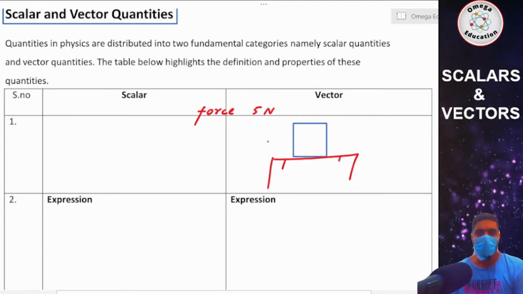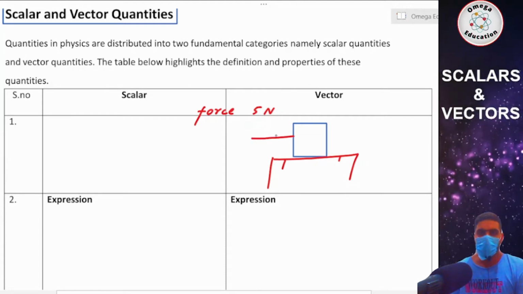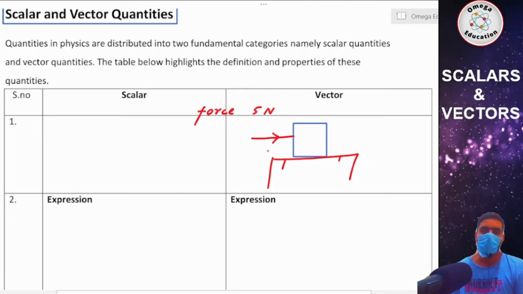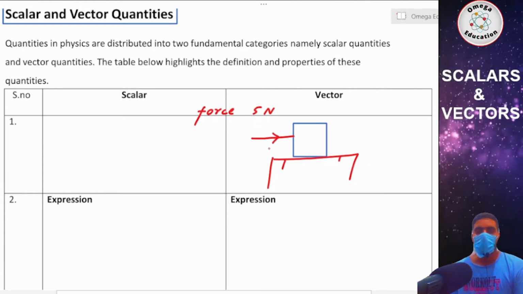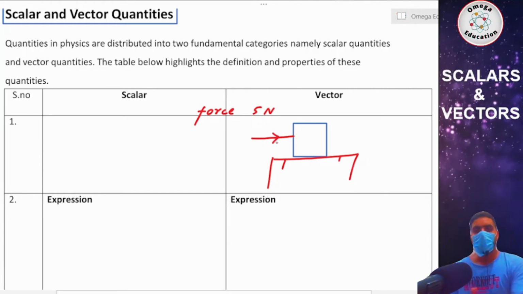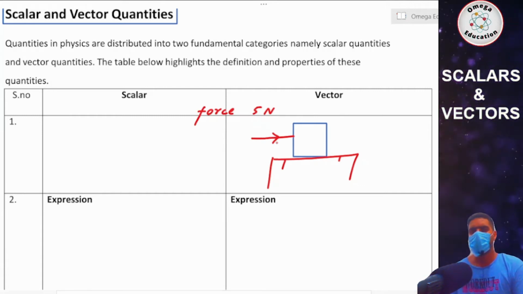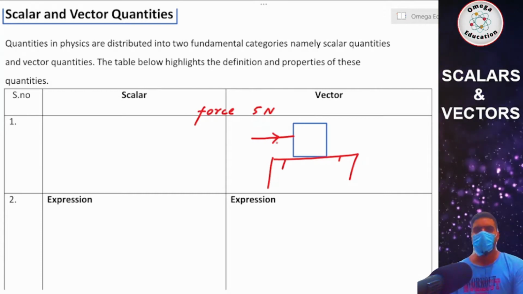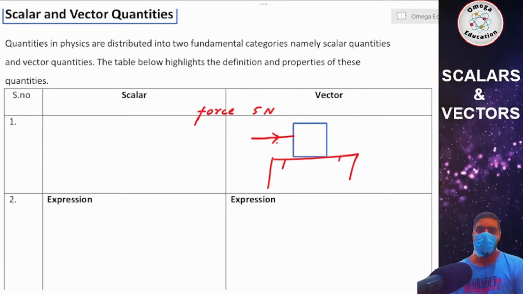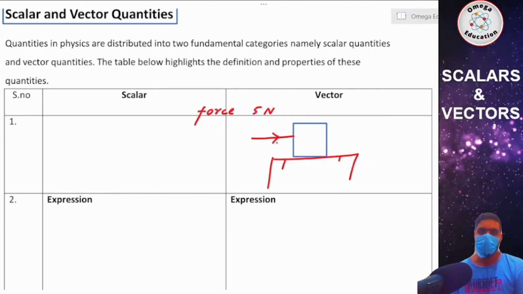So, for example, if someone is pushing the box to the right side, it is very likely to move to the right side. If it's not heavy enough, and let's assume that the person is able to move the box with a force of 5 Newton, then the box has to move towards the right side.